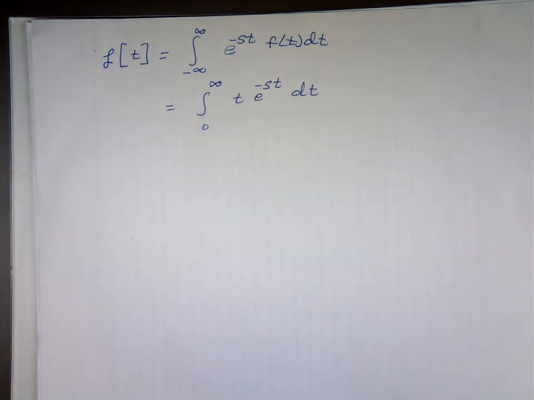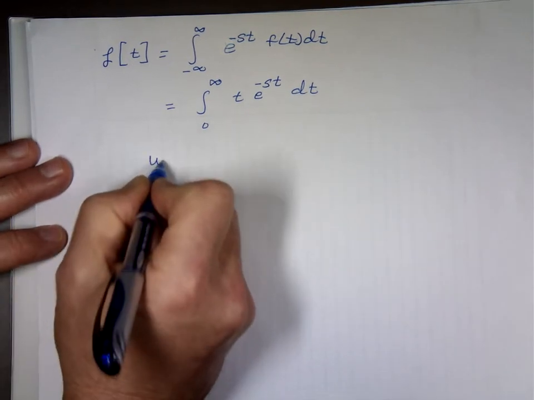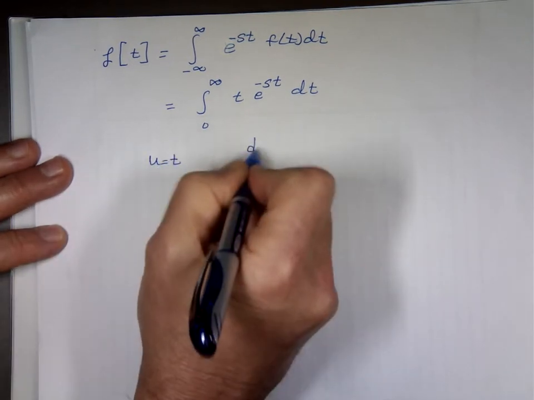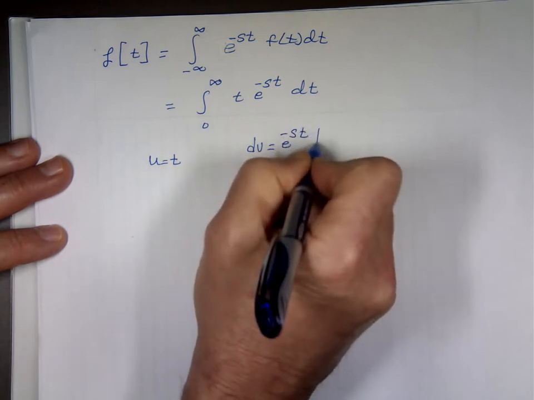So this one you might have to do integration by parts. In case you forgot, you let u equals t, dv equals e to the minus st dt.